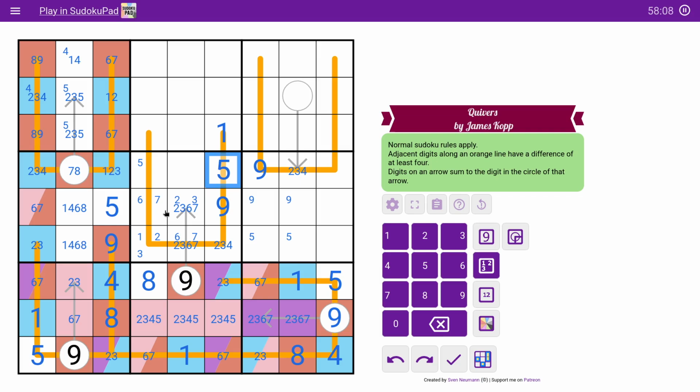I think this just disproves 5 in the upper right. Oh no, this 6, 7 escapes the onslaught. This just becomes peach. So, okay, so we haven't disproved anything.